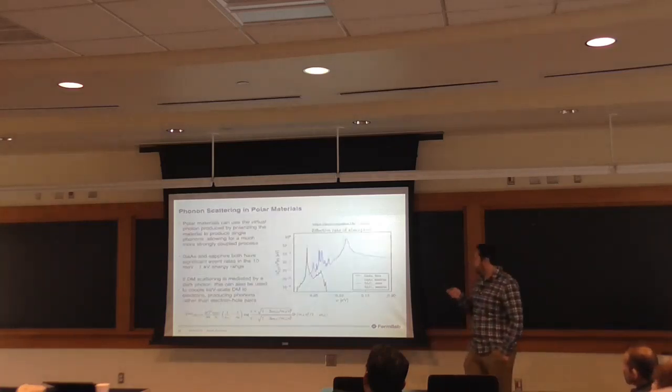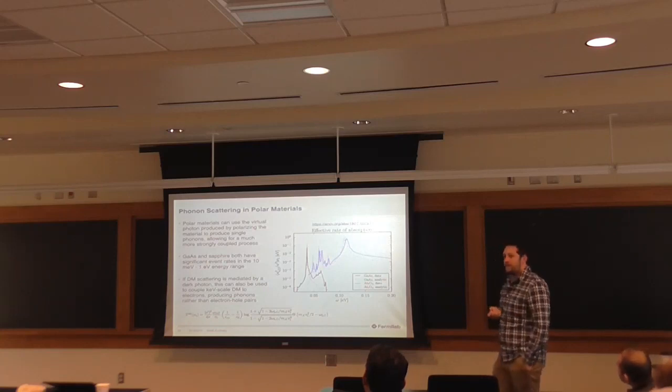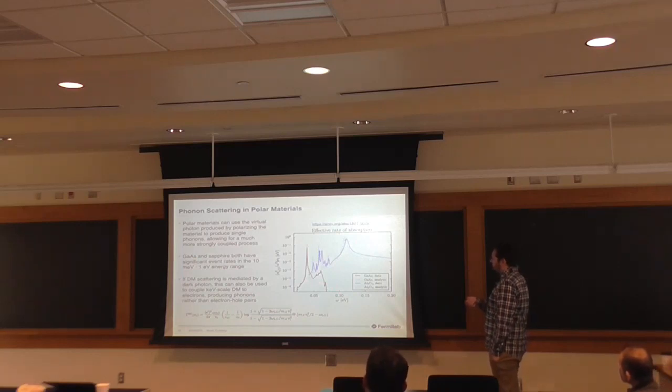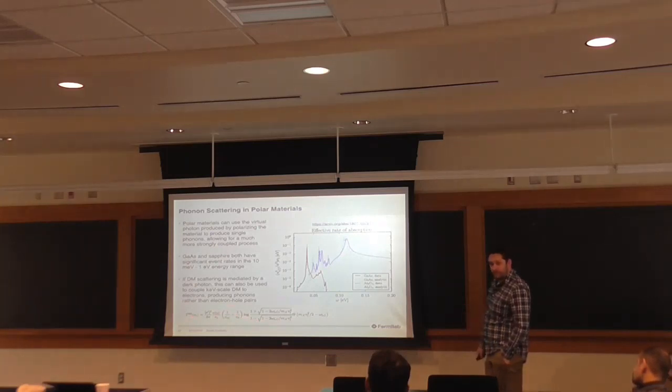If you find things like gallium arsenide or aluminum oxide, which is sapphire, you actually get resonances near the optical phonons in photo-absorption measurements. The reason is that, if you take the rate from this paper, the entire rate depends on the difference between the high and low frequency dielectric constants.